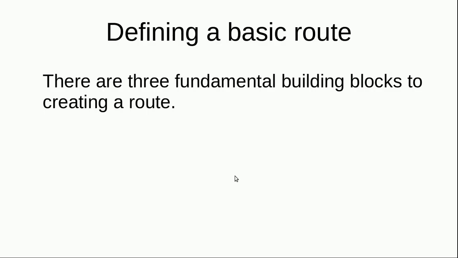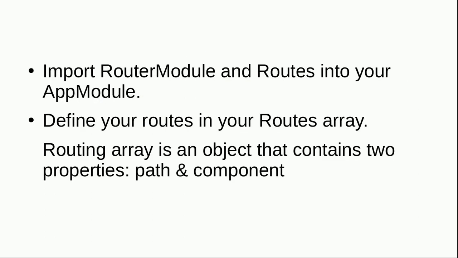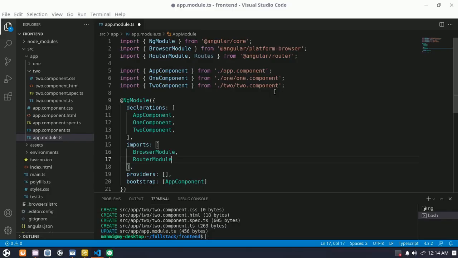Now define a basic route. There are three fundamental building blocks to creating a route. Import RouterModule and Routes into your app module and define your routes in your routes array. Here, a route in the array is an object that contains two properties, path and component.